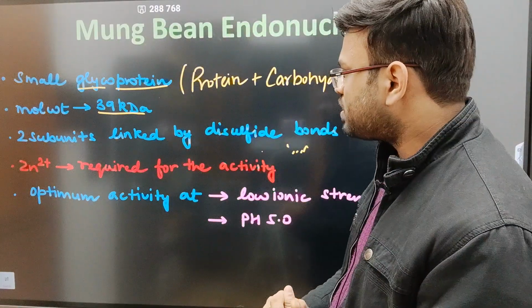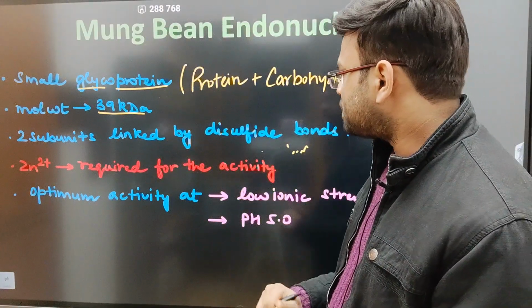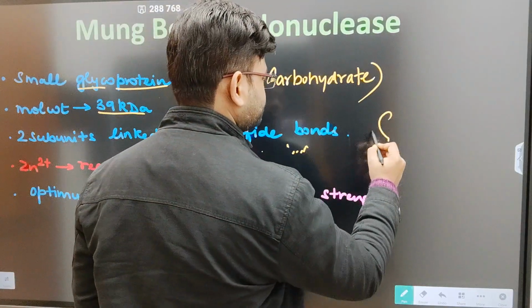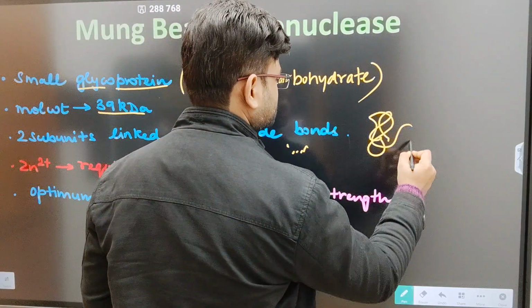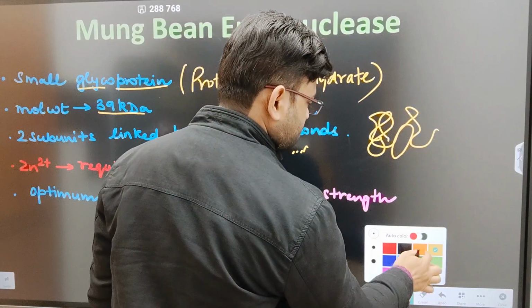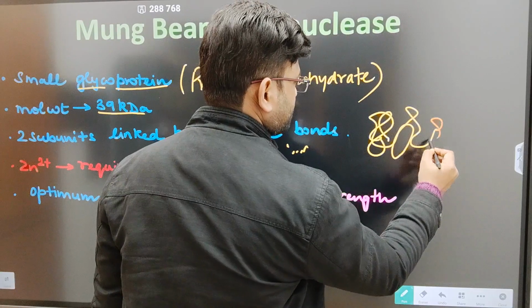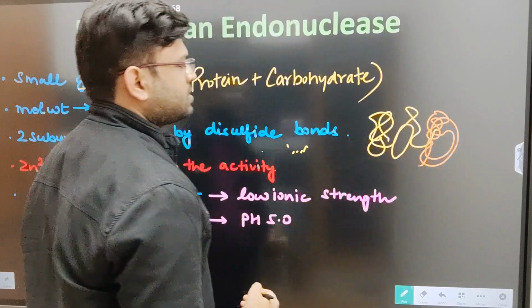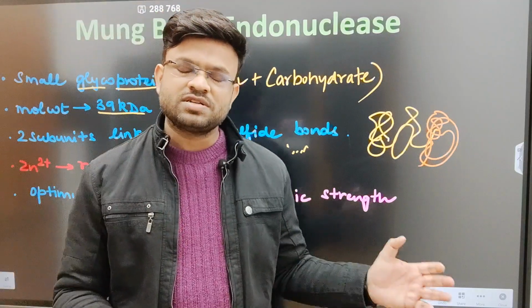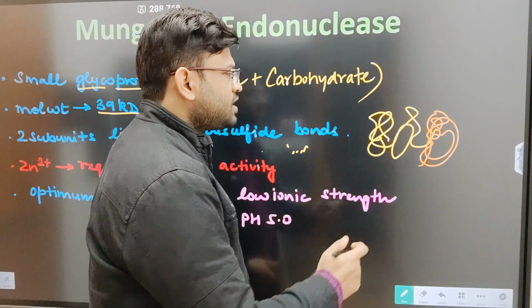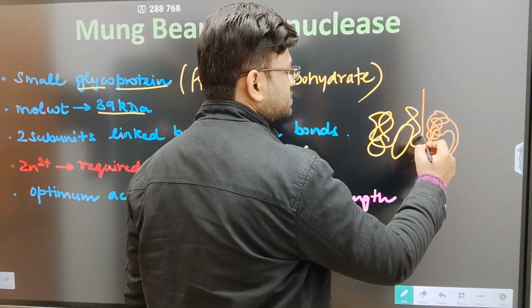If I draw it like this, this is just a rough estimate of what Mung bean endonuclease would look like, and there are multiple disulfide linkages over here.